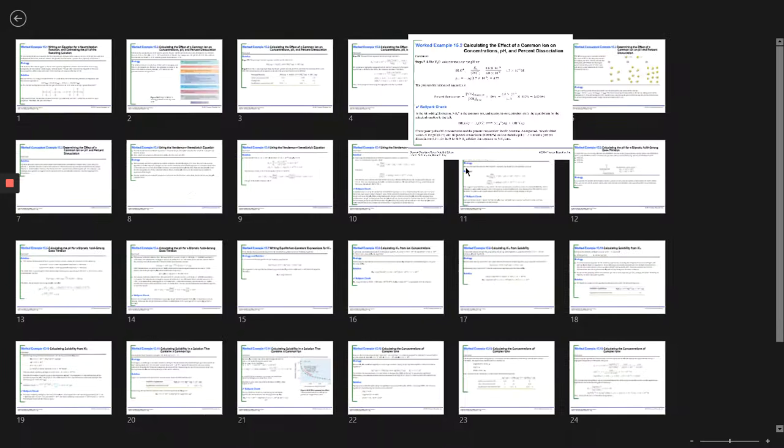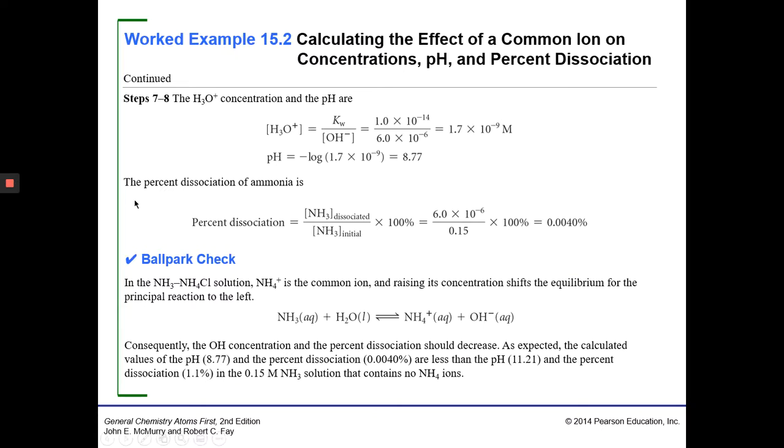All right, the percent dissociation would be the X, which we calculated. That was 6.0 times 10 to the minus 6. That is X, and that's divided by our initial, which is 0.15.